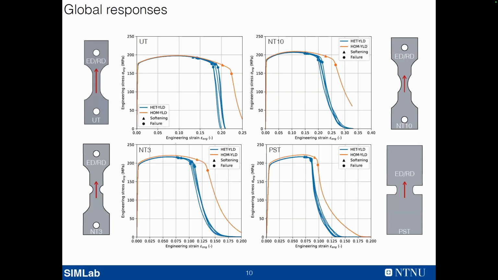What we see again is that overall, the curves are pretty similar, especially up to maximum force. Then when we start to neck, we start to get much more differences between the homogeneous and the heterogeneous models. We also start to get some scatter from the one grain, one element approach, which obviously we don't get in the homogeneous one. So there is some inherent scatter coming from the grains themselves.